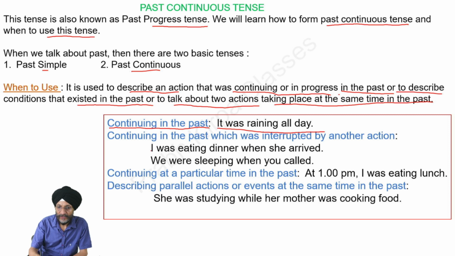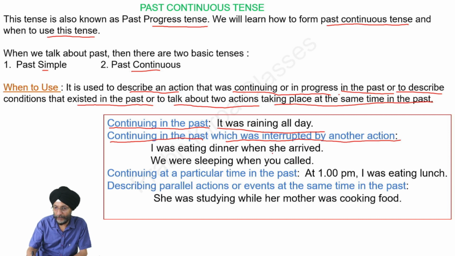This tense may also be used to talk about an action continuing in the past which was interrupted by another action. For example, I was eating dinner when she arrived. Next example may be: we were sleeping when you called.